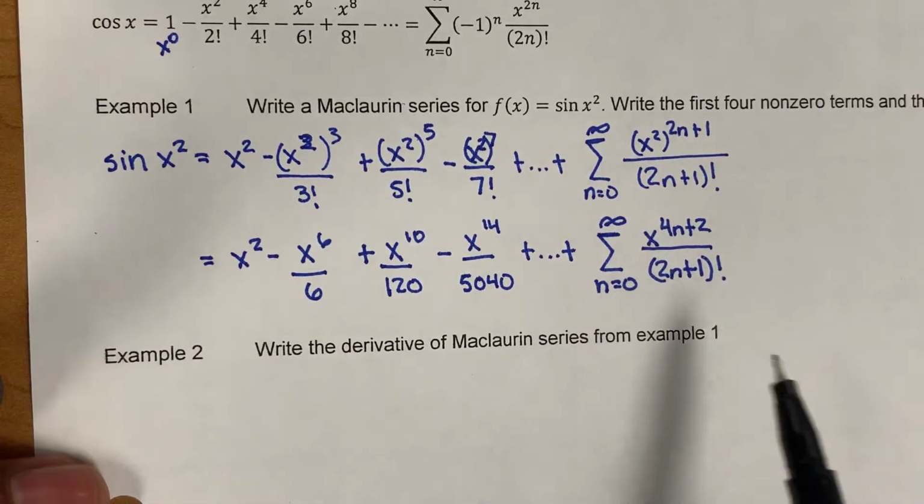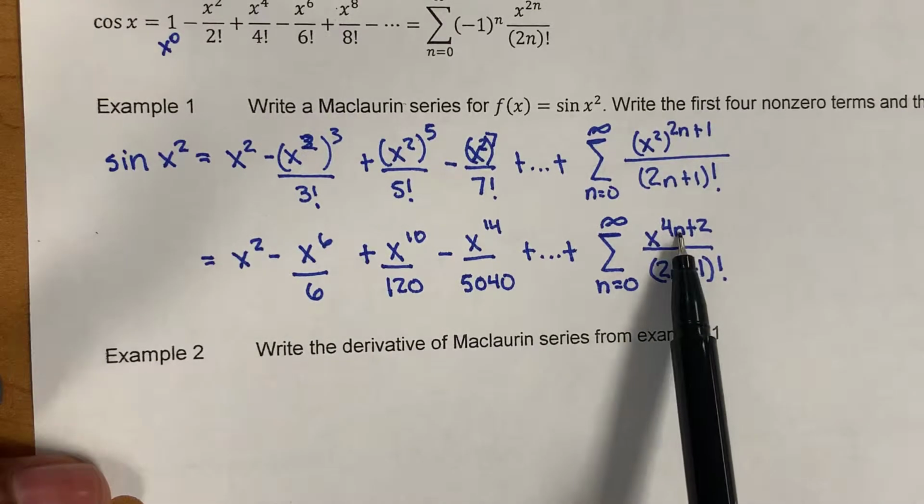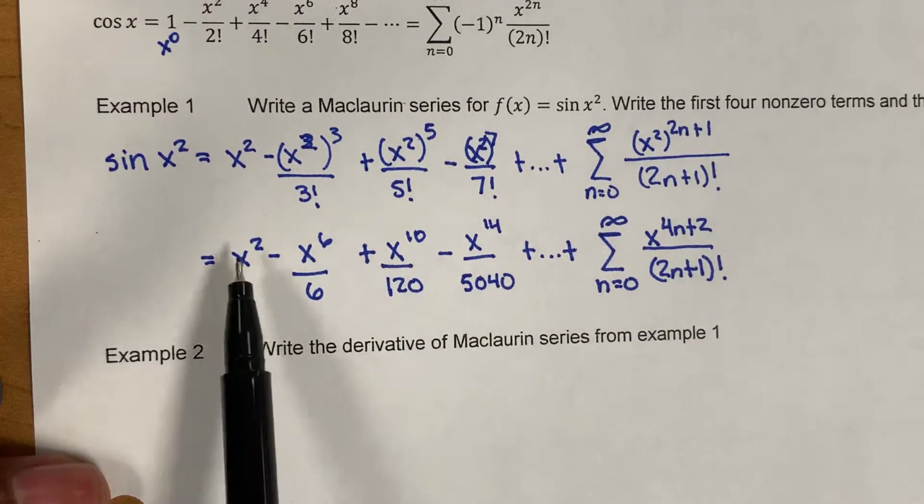So that kind of tracks, right? If we substitute in n equals 0, we're going to have x squared over 1 factorial, which is x squared, and so forth.